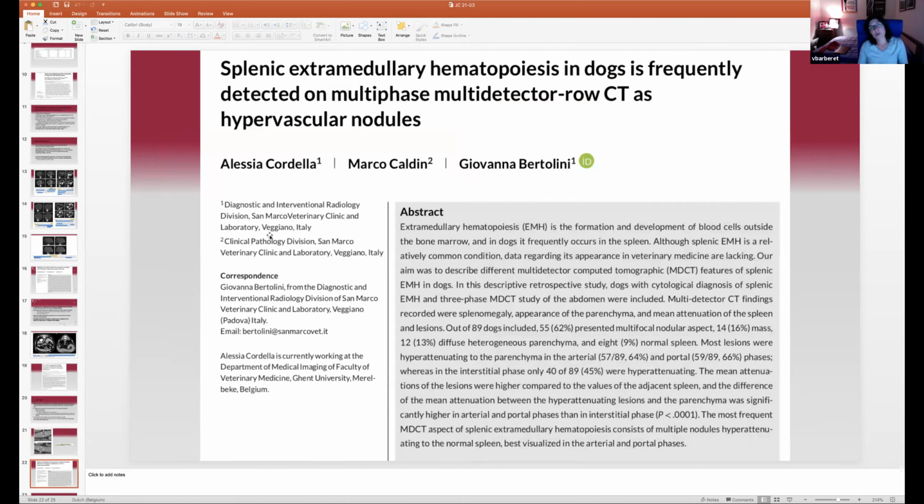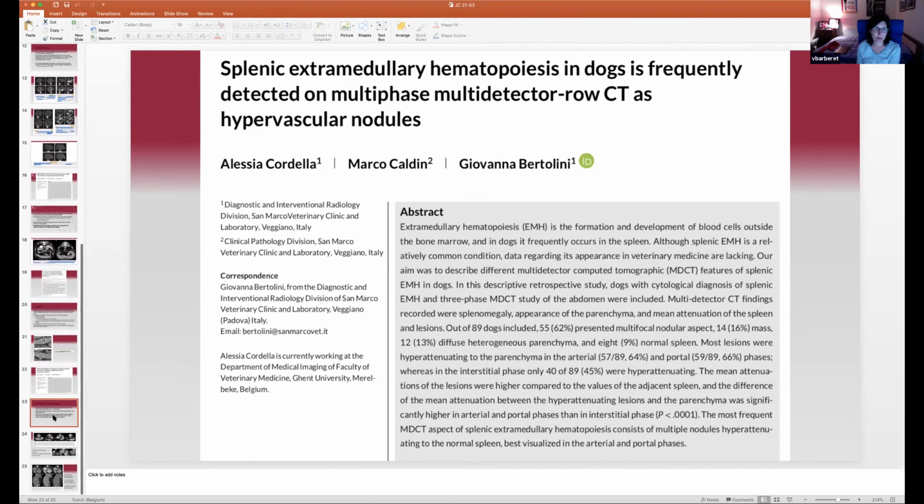And the last one was the more recent one. I think it was splenic extramedullary hematopoiesis on CT. And here what they mentioned is that it mostly appears as hypervascular nodules.